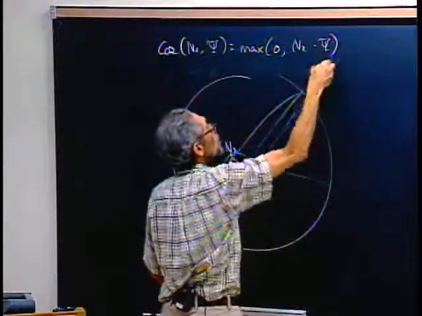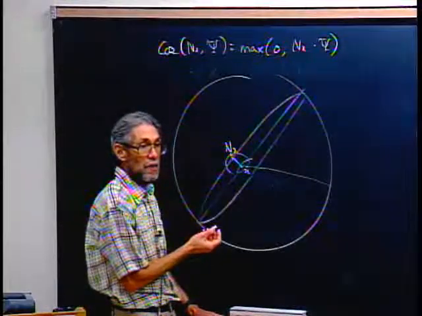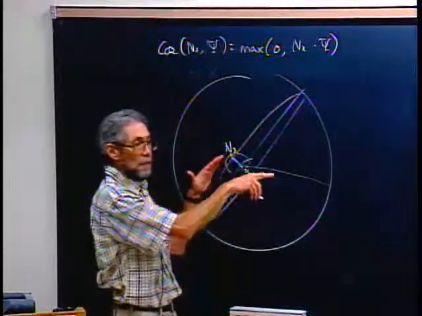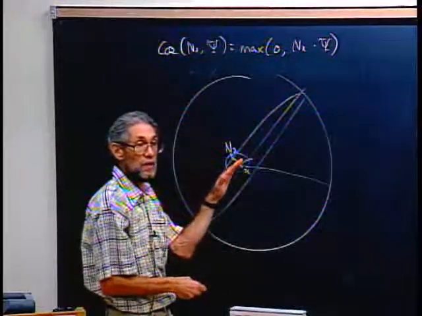So it'll equal the cosine if that cosine is positive, and it'll be set to 0 otherwise. And that means any samples of this illumination from behind the surface just won't be counted in the integral.